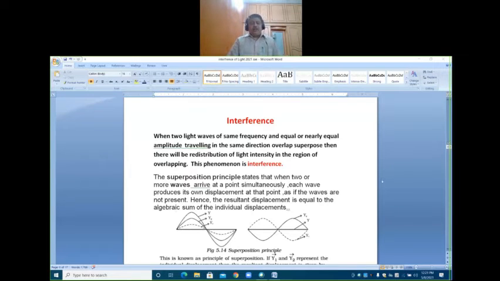That is, some part is dark and some other part is bright. The intensity missing at the dark part gets added at the brighter region.